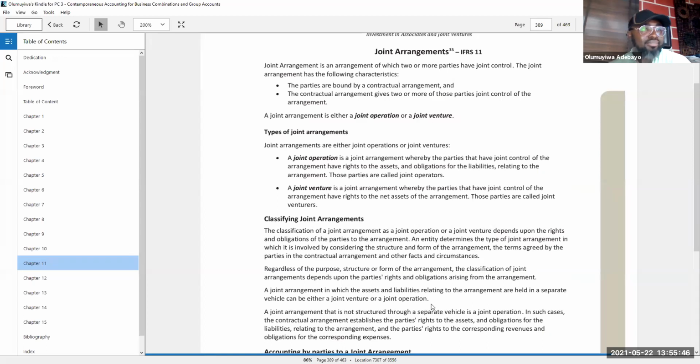Now, joint arrangement is usually an arrangement with two or more interested parties having a common objective, even though sometimes they are competitors in the same line of business, but they have a common purpose to which they believe by pulling resources together, they can achieve common goals.